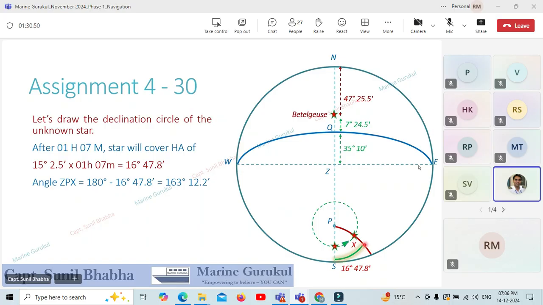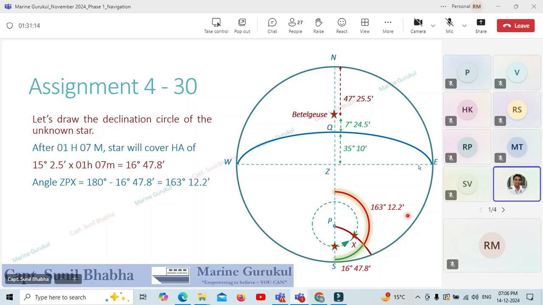So 180 minus 16 degrees 47.8 minutes gives me the angle ZPX as 163 degrees 12.2 minutes. So let's mark it in our diagram. This is the angle which we have found now, and this angle is 163 degrees 12.2 minutes.